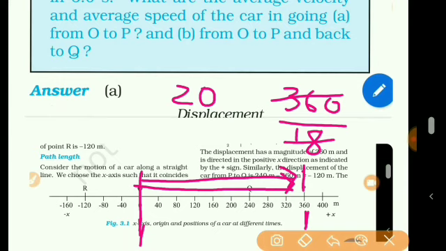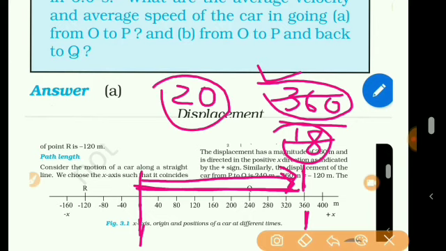Now about average speed for the same path, as it is along a straight line, once again the path length is 360 only, and again the time interval is the same, that is 18. So the result will be 20, and we know that speed is always positive because path length is always positive.